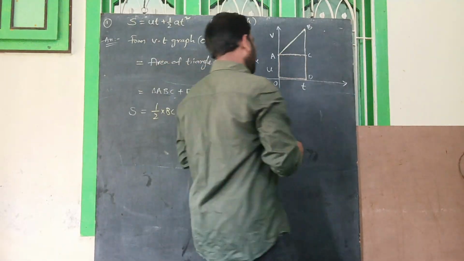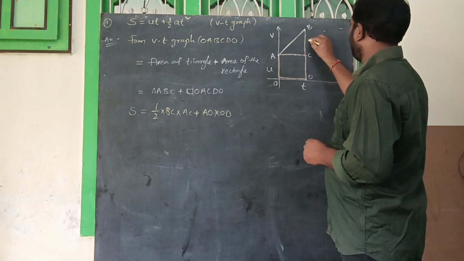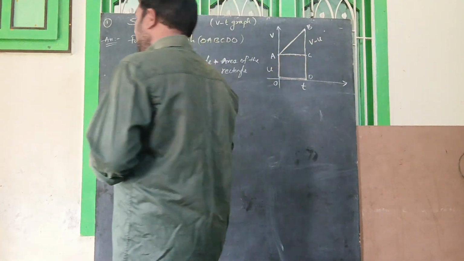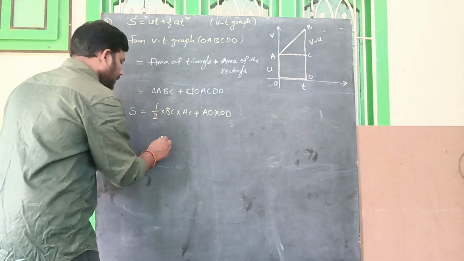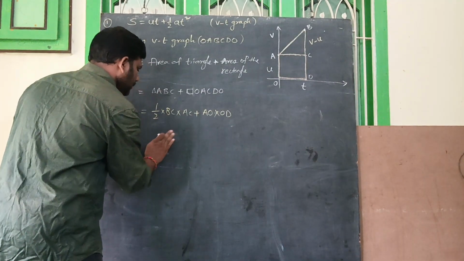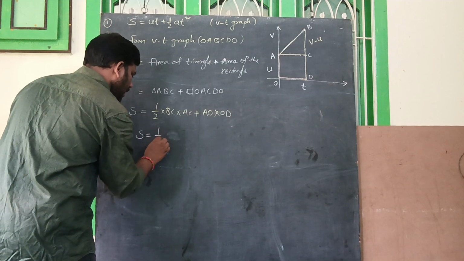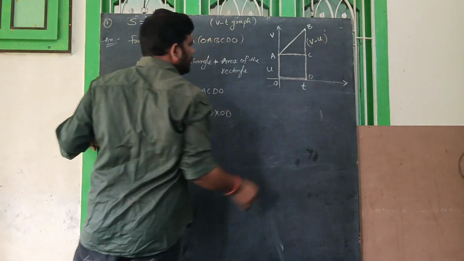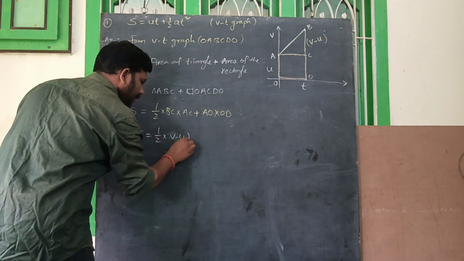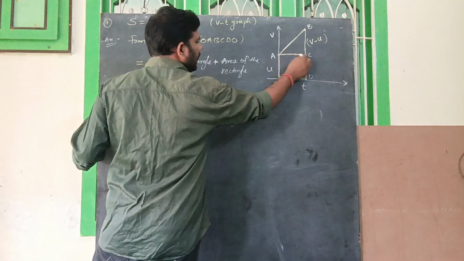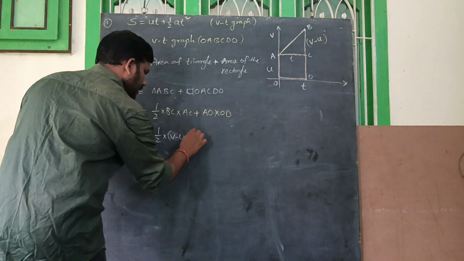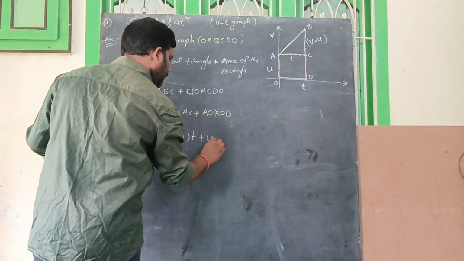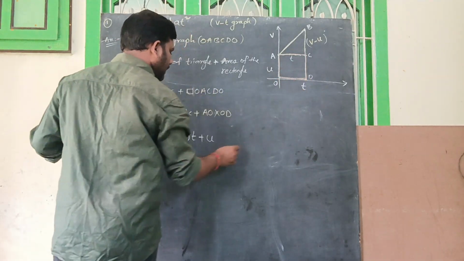With initial velocity u and final velocity v, BC is v minus u, AC is the time t, OA is the initial velocity u, and OD is the time taken t.